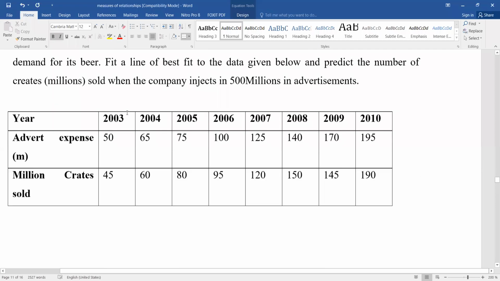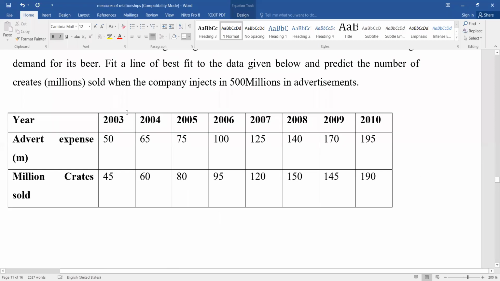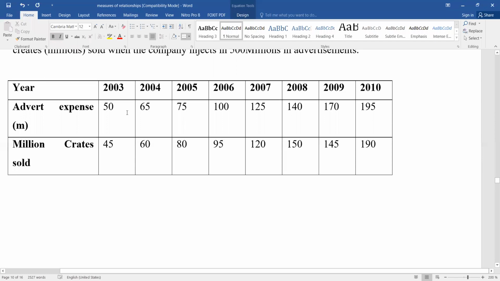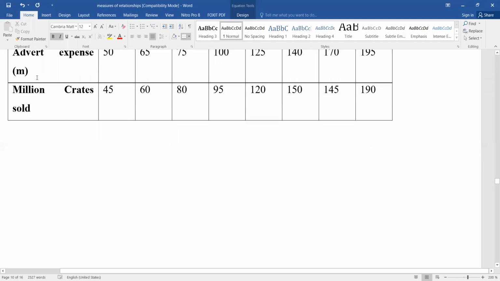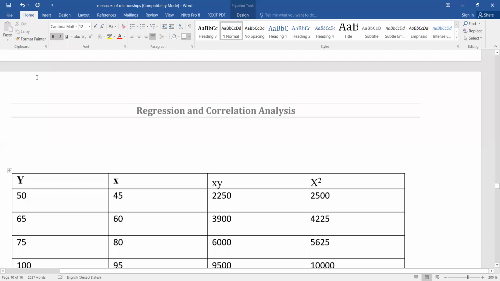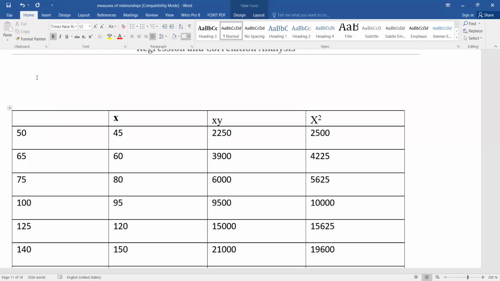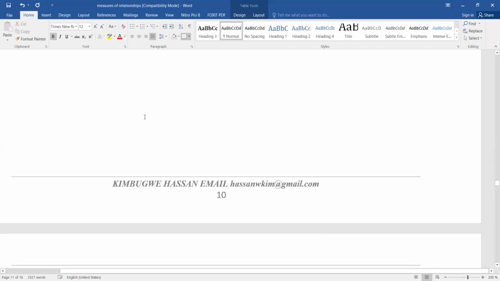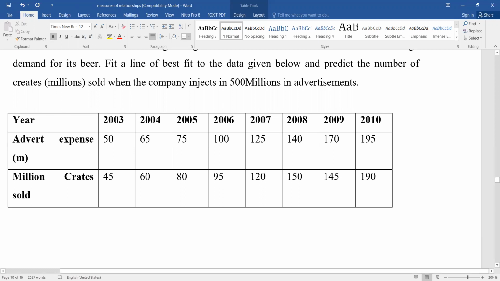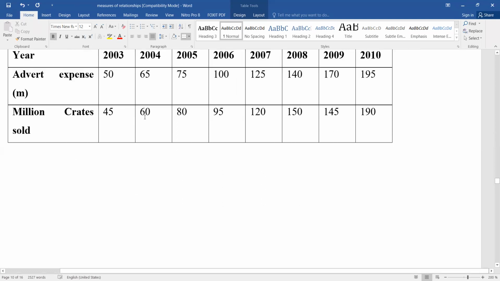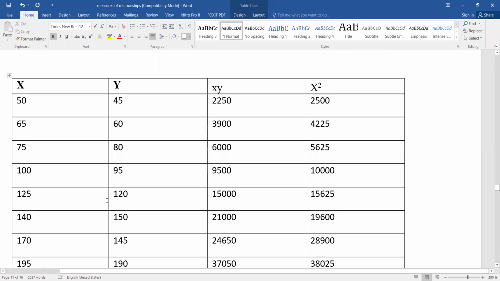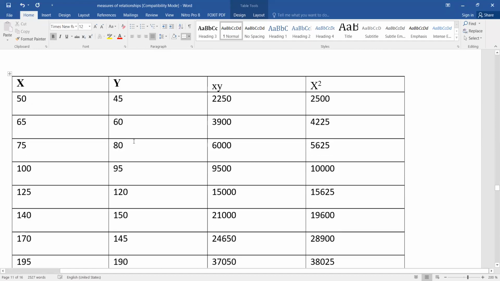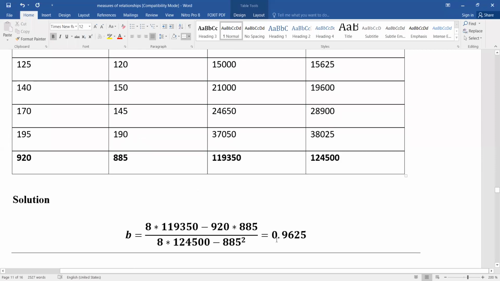X advertising, X. So this is supposed to be X. Gerard, this is X and this is Y. So advertisements, credits are Y. So 920. That's that. So this here of 920.